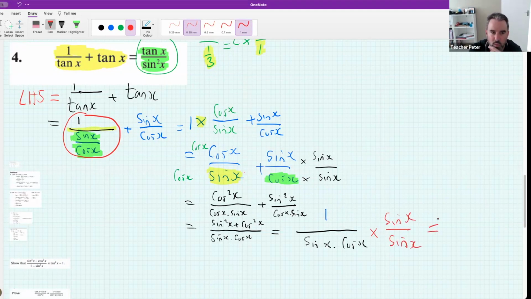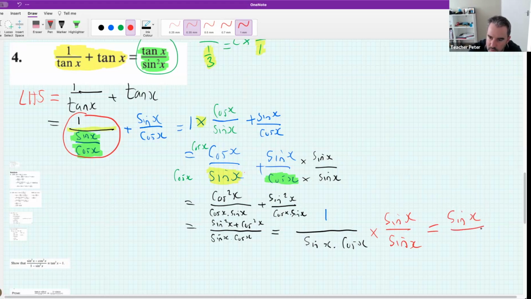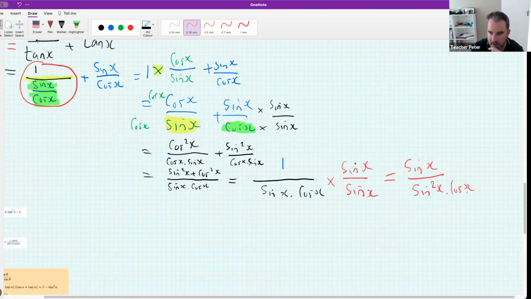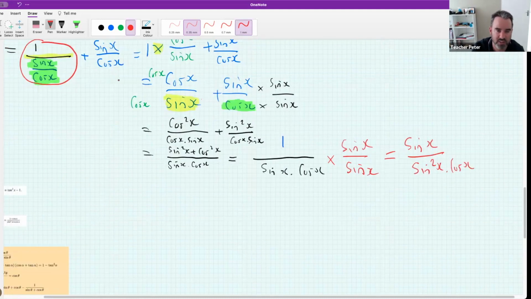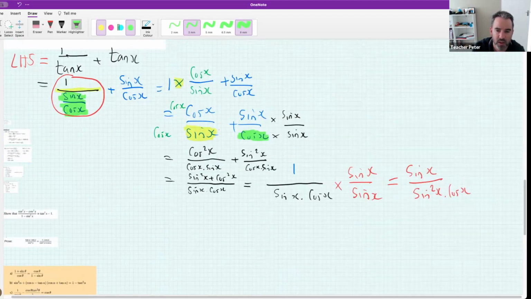And then we are going to get on the top sine x, and on the bottom we are going to get sine squared x times cos x. Okay, what a mouthful. Now, we're almost there. Do not despair.